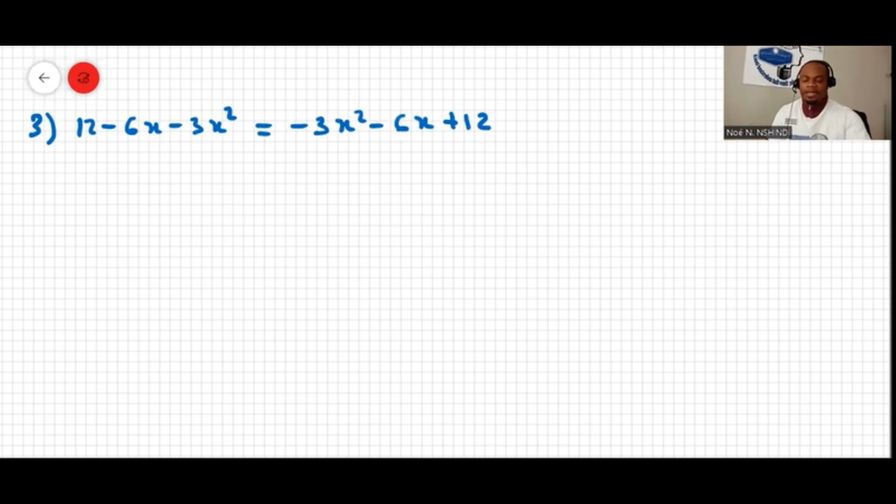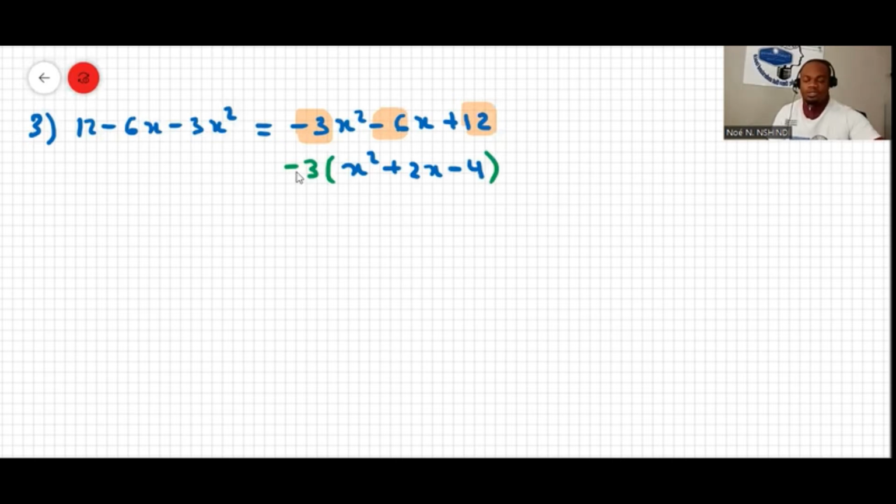Again, each term of this expression is a multiple of -3. So I can take -3 out as the common factor, and then there should be x squared plus 2x minus 4.